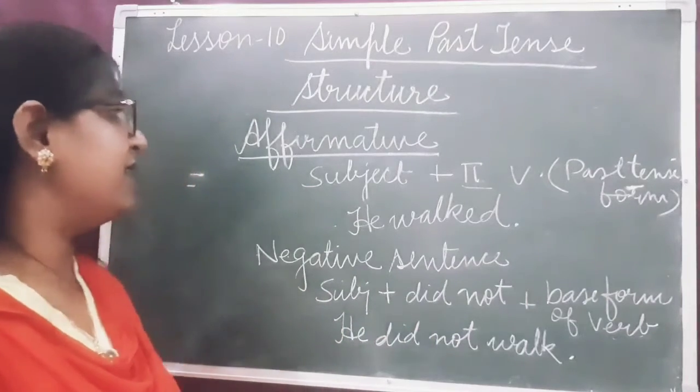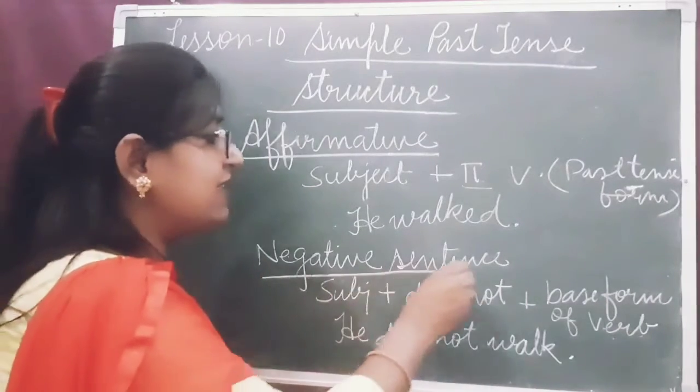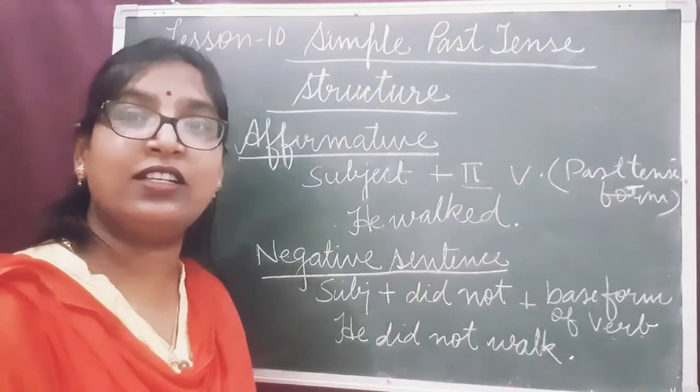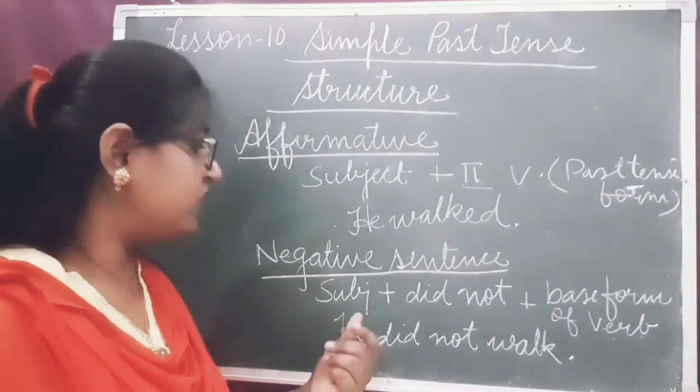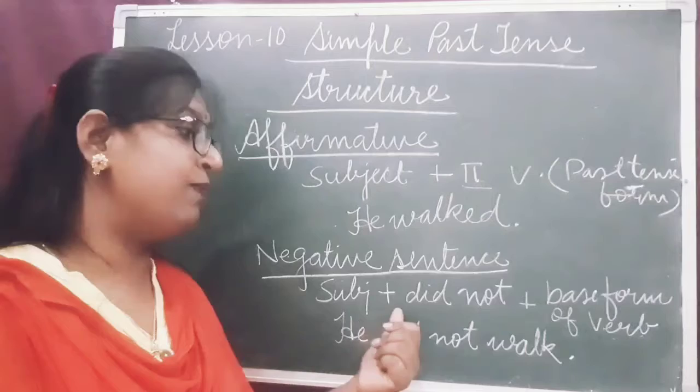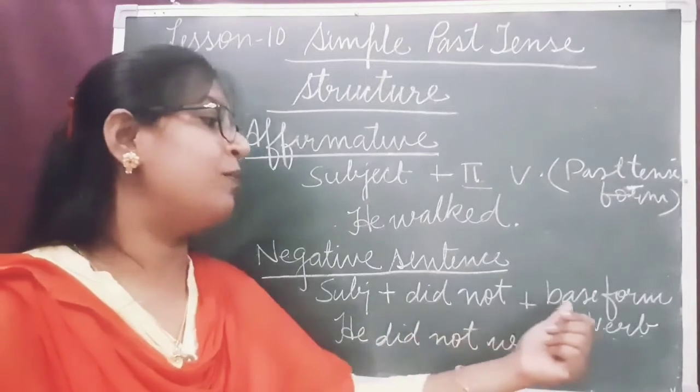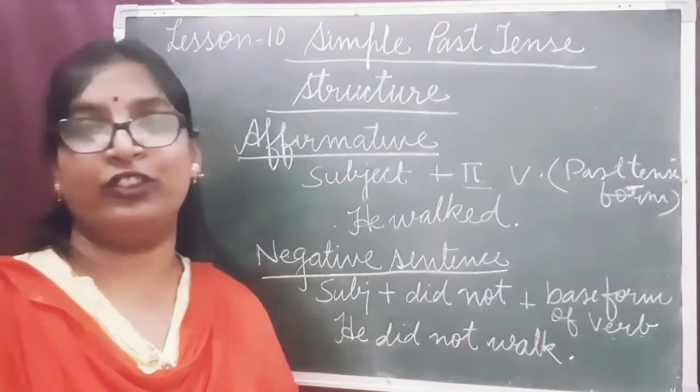And then the second type of sentence is the negative sentence. How to frame a negative sentence? The structure is subject plus did not plus base form of verb.